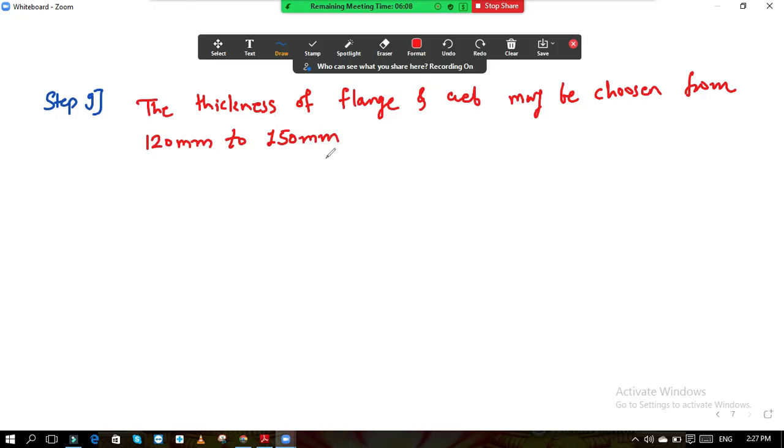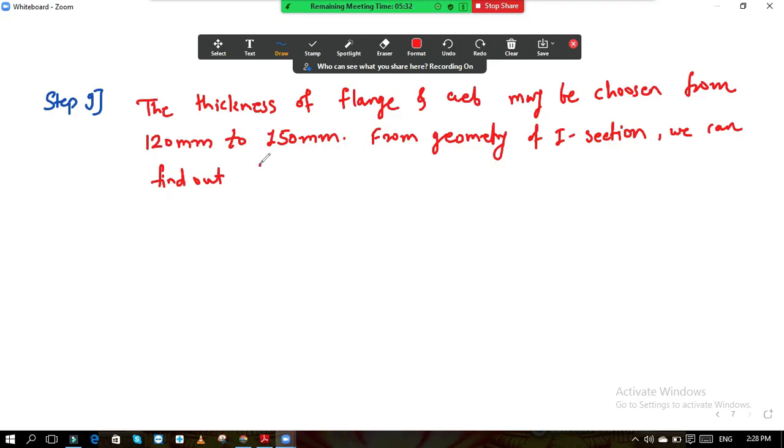Okay, full stop. So from geometry of I section, we can find out the width of flange.